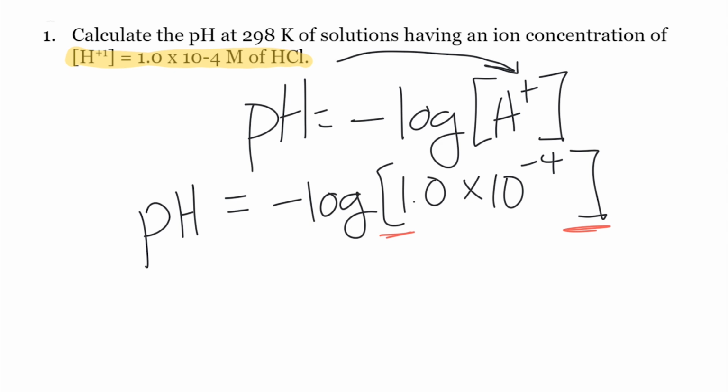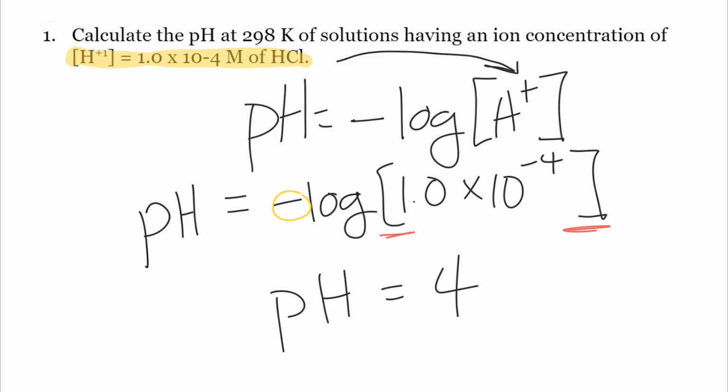Otherwise, it's only going to take the log of 1 and then multiply that answer by times 10 to the negative fourth. So make sure you use brackets or parentheses. Once you get all that typed into your calculator, making sure to include that negative in front of log, you should get that the pH of this solution is equal to 4.